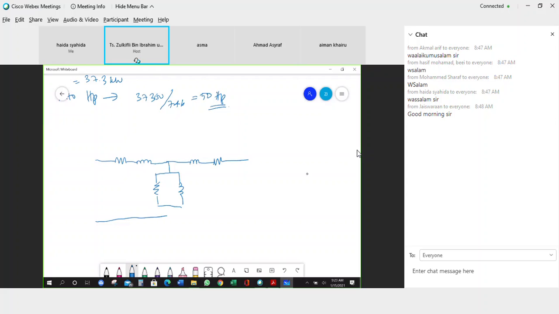This is your input voltage, and here you have your load, the motor.